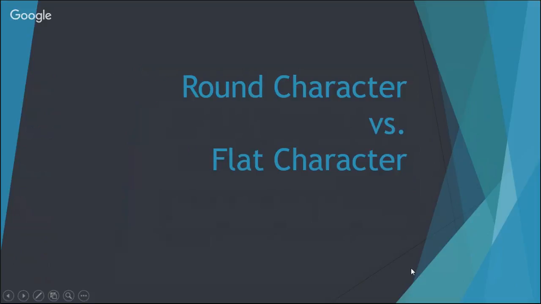The next type we have a choice of is round characters or flat characters. This has nothing to do with body type or any sort of physical characteristics. A round character is simply a character that's very well developed. We know many traits about him or her, so much that if we could take the story off the page and make it come to life, they would seem like a real person.